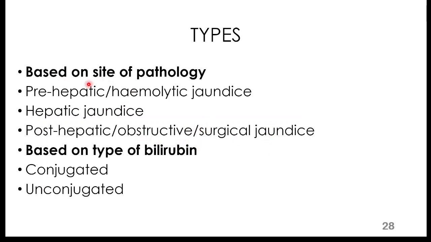All right. So prehepatic just means that the problem is happening before the bilirubin gets to the liver. Hepatic jaundice means the problem is within the liver, and post-hepatic means it is after the liver. Now, it could also be classified based on the type of bilirubin, whether it's conjugated or unconjugated. I believe we now know what conjugated and unconjugated bilirubin mean.